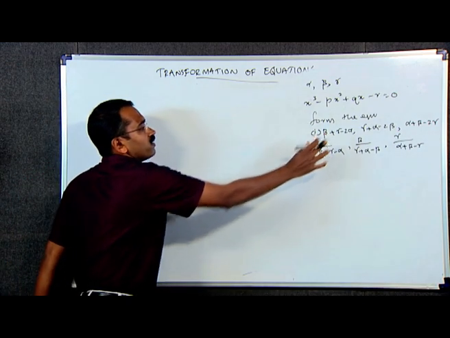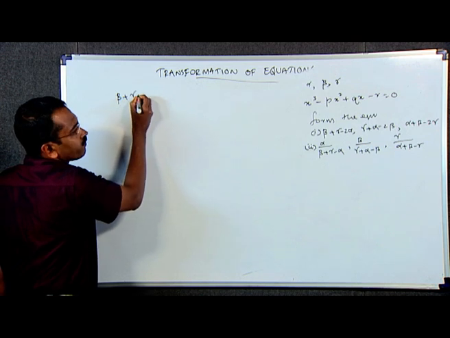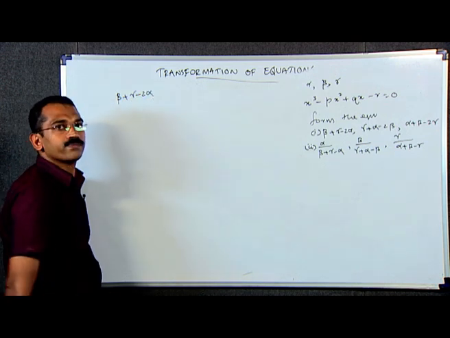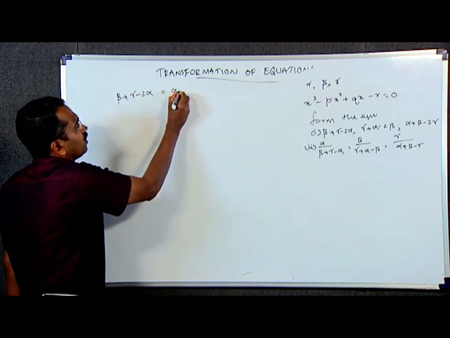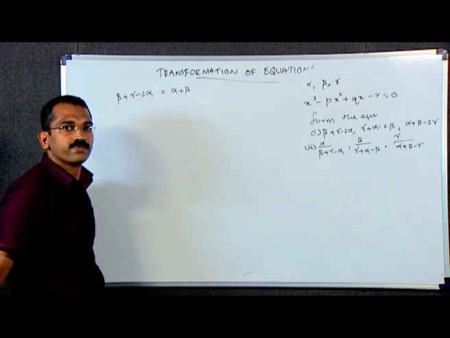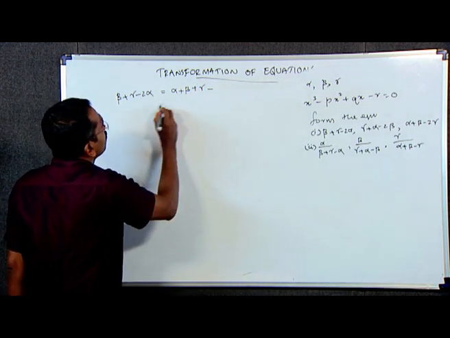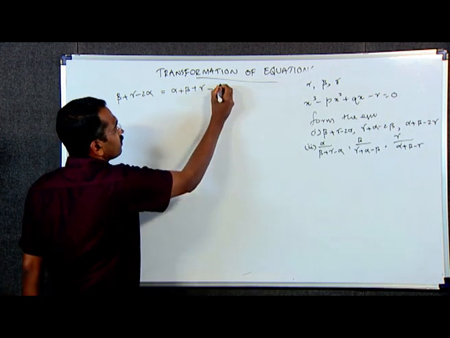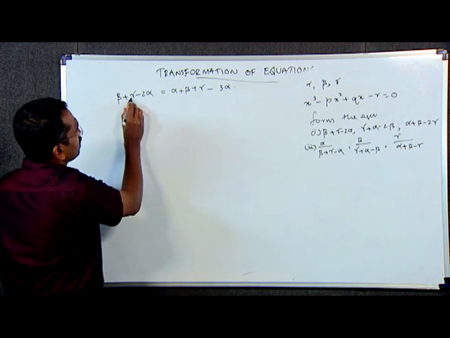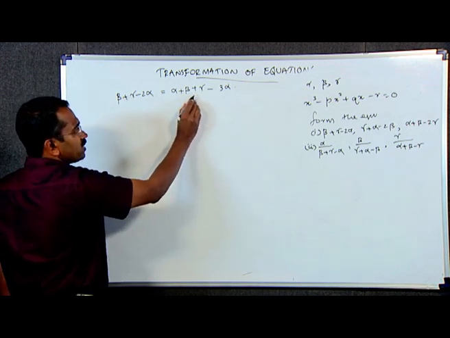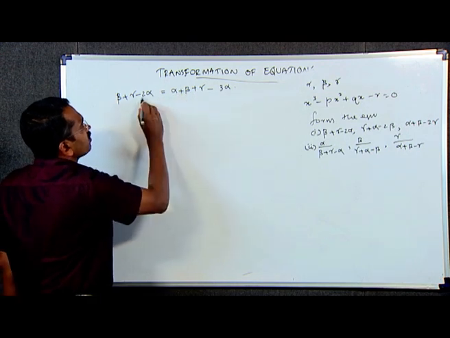Consider the root beta plus gamma minus 2 alpha. This can be written as alpha plus beta plus gamma minus 3 alpha, because beta plus gamma is here and in the right hand side this also. Alpha minus 3 alpha is minus 2 alpha.